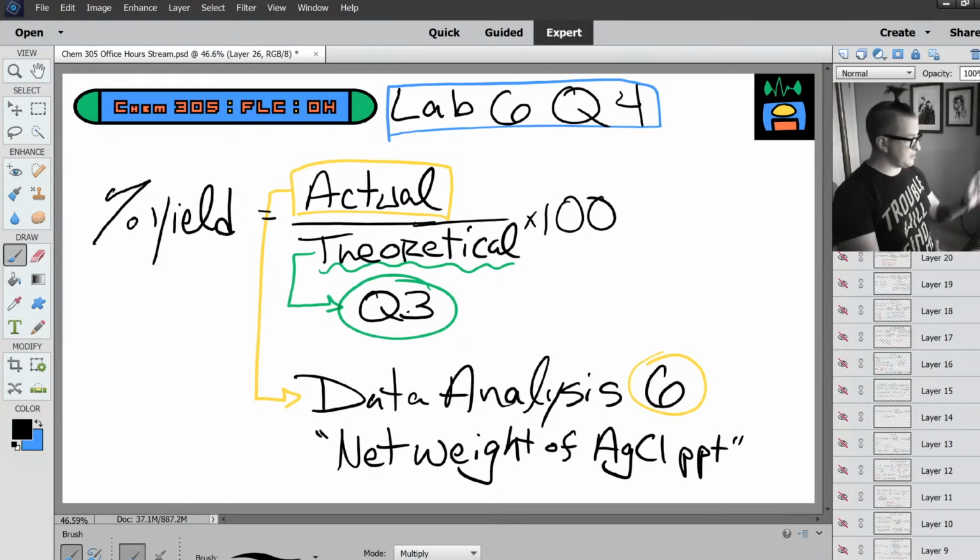So actually, number 4 is relatively painless. That is how you handle it. You just did your theoretical yield. Your actual is just how much you actually made in this digital lab.